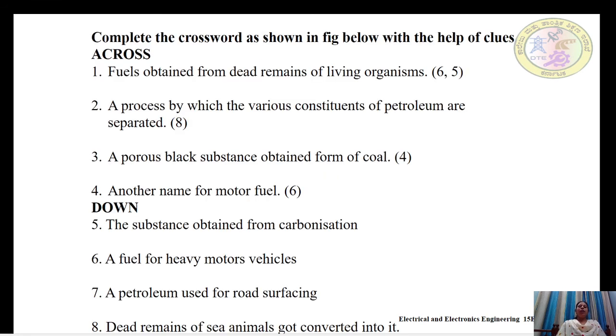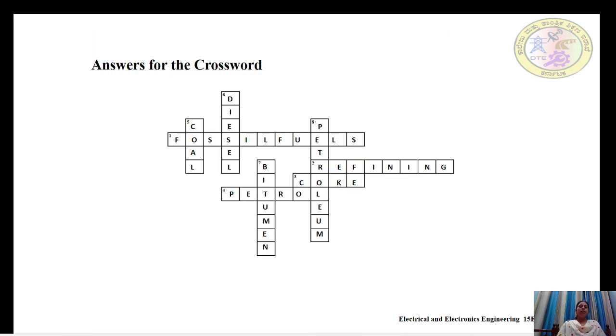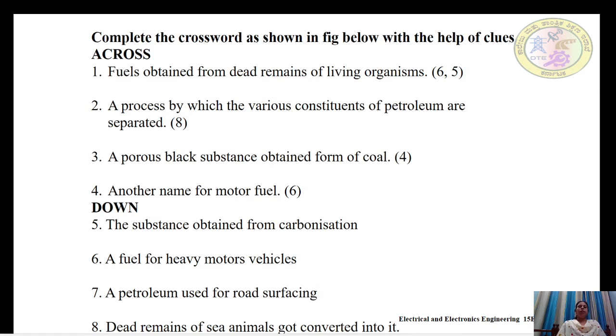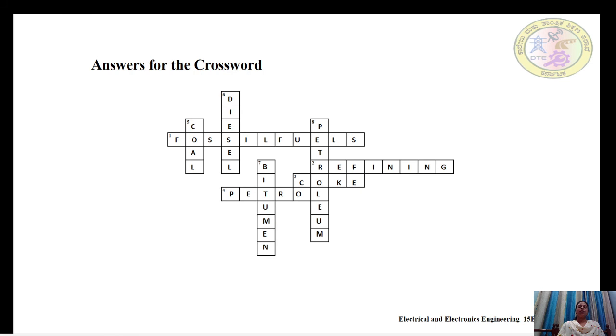A fuel for heavy motor vehicles. We have seen the motor fuel, another name for motor fuel, that is petrol. A fuel for heavy motor vehicles is diesel. A petroleum used for road surfacing is bitumen.